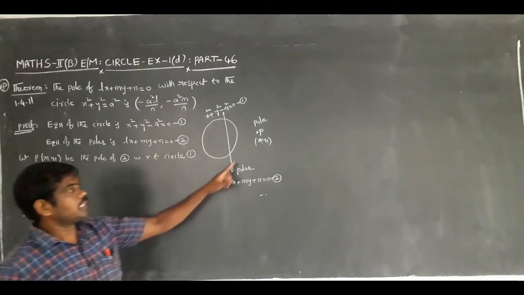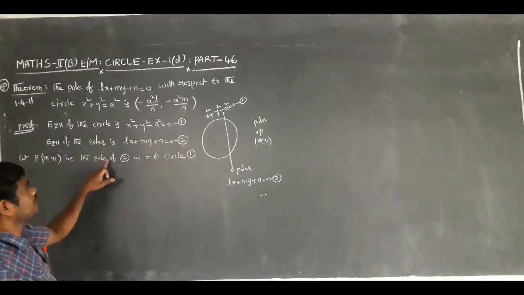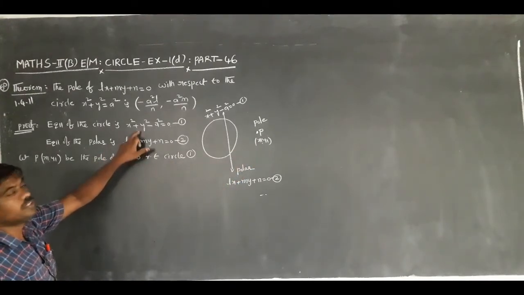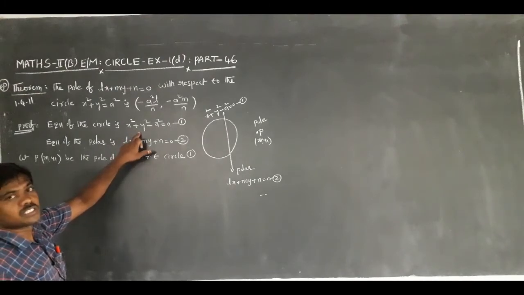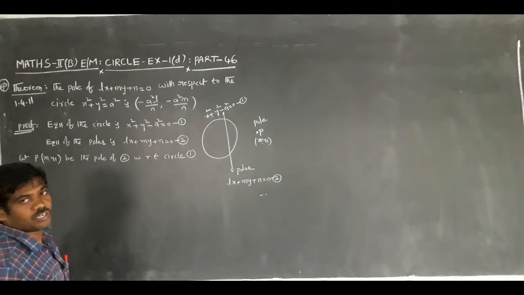Let P(x1, y1) be the pole of Lx + My + N = 0 with respect to the circle x² + y² = a².